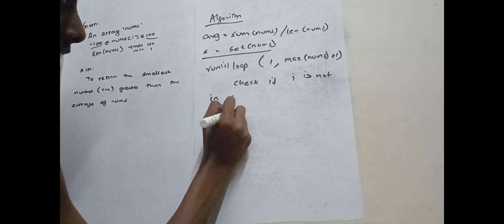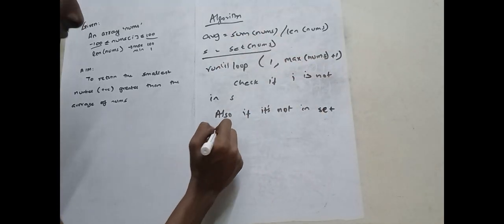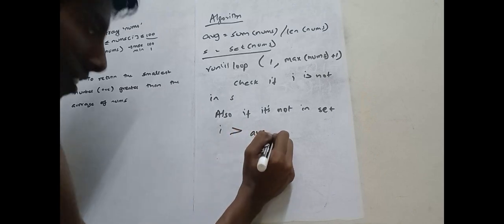Also, if it's not in set, then you'll check if that I is greater than average. If it's greater, then you'll return I directly.